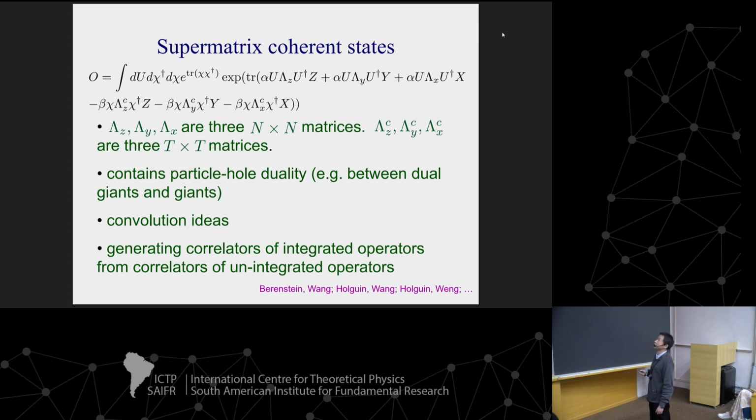And the integration over the U can be considered as a convolution. In this way, we can generate correlators of integrated operators by correlators of unintegrated operators.